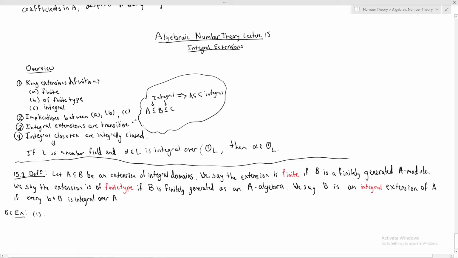We can do something like maybe Q adjoin X. So the ring Q[X] is of finite type over Q. So as an algebra, it's generated by X, with algebra generator X, but is not a finite extension of Q.